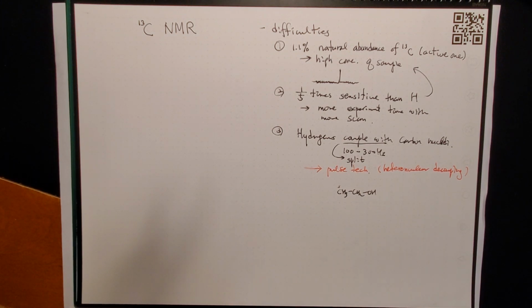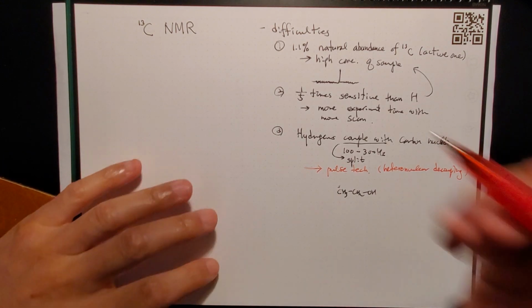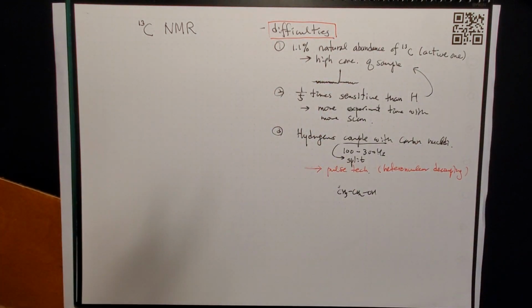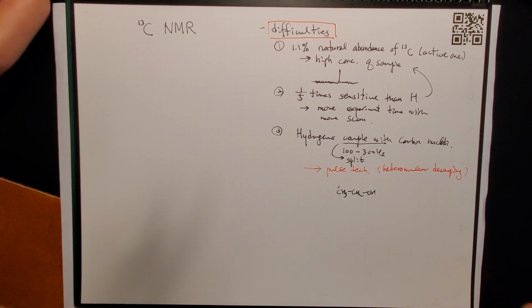Some of the molecules don't even have a carbon-13 in them. That's why we need a high concentration sample, but thanks to that, we don't have to worry about coupling between carbons. So these are the challenges of doing a carbon-13 experiment.